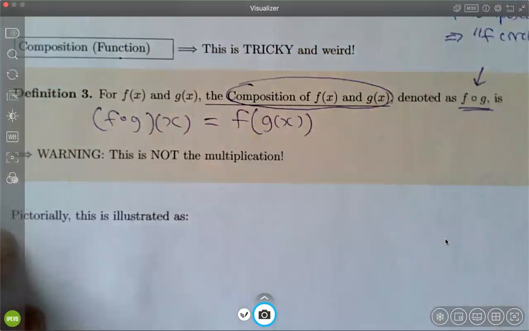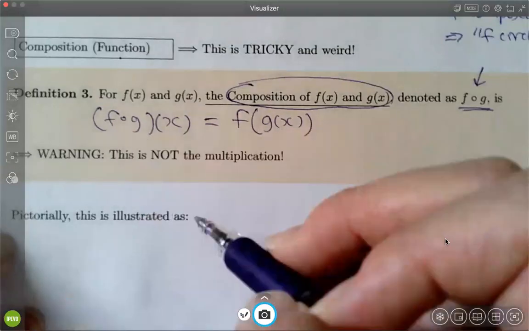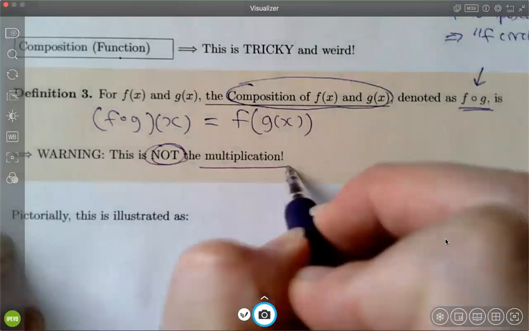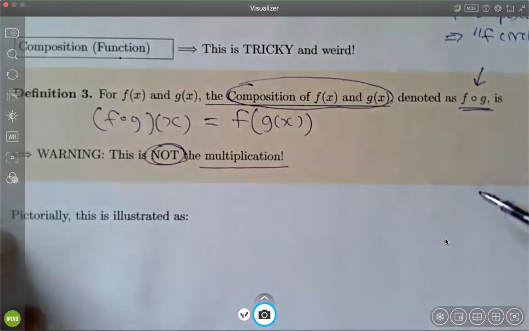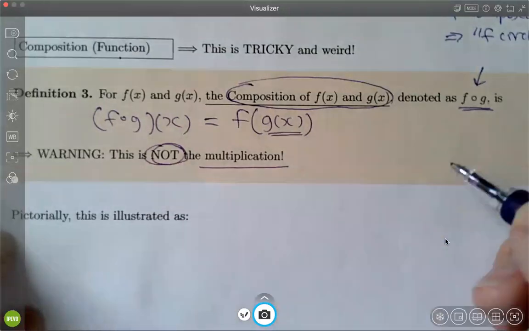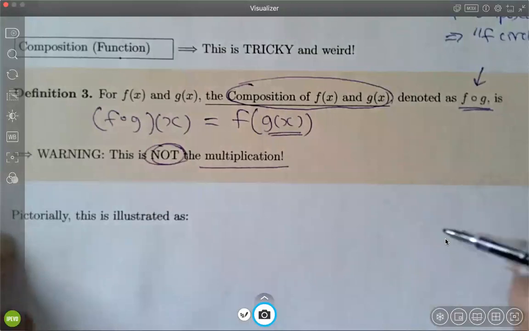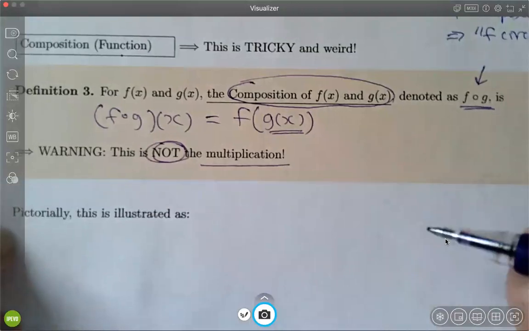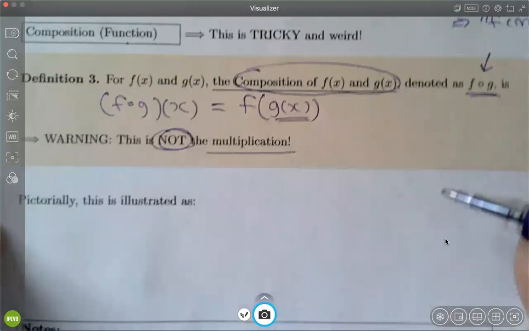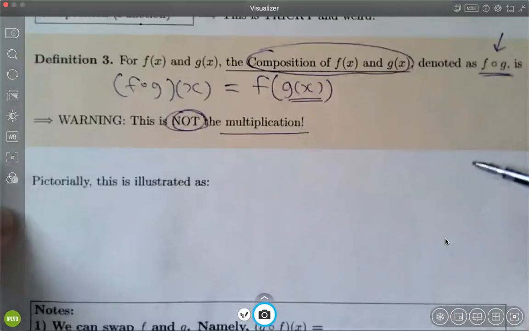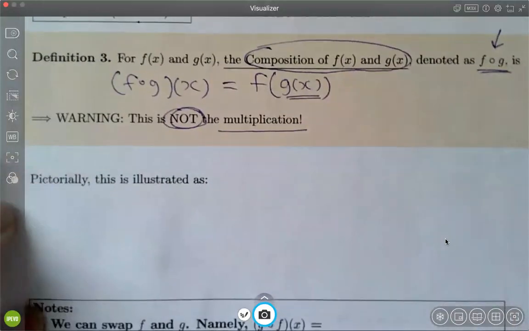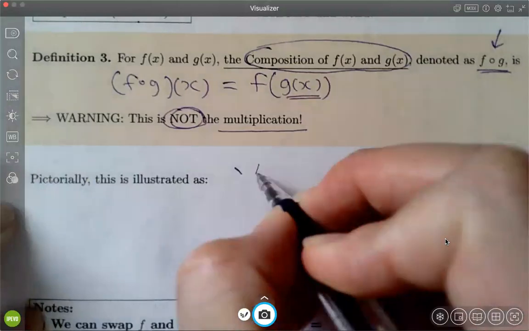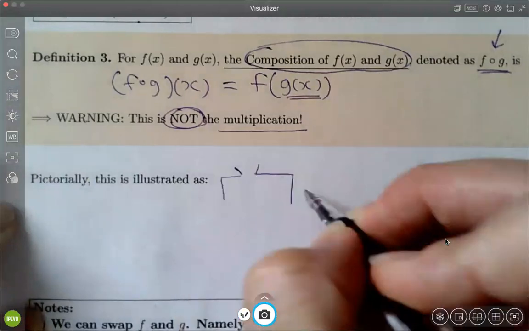And now, some people tend to think that f circle g is a multiplication, but that's not the case. Okay, rather what do you have? You have your g, and that's inside your f of x. Okay, so now, here is the illustration of this composition, f circle g. So suppose there is a machine, and its name is g.